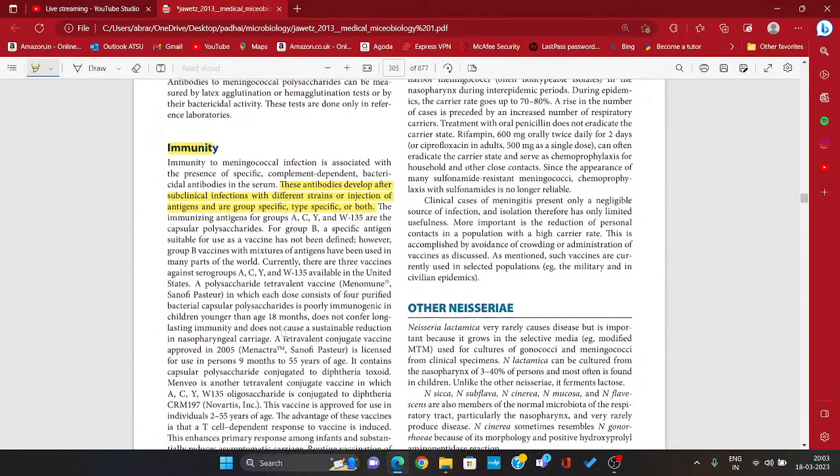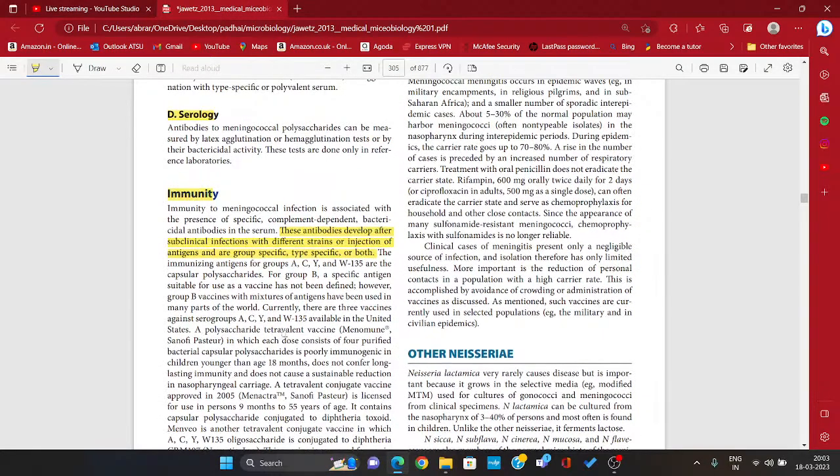Currently, there are three vaccines against serogroups A, C, Y, and W135 available in the US. First, a polysaccharide vaccine, Menomune, Sanofi Pasteur, in which each dose consists of four purified bactericidal capsular polysaccharides.